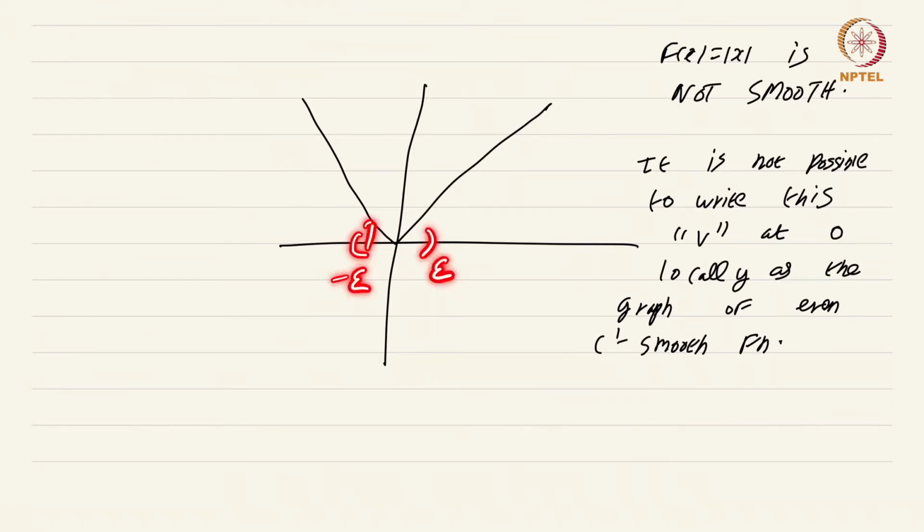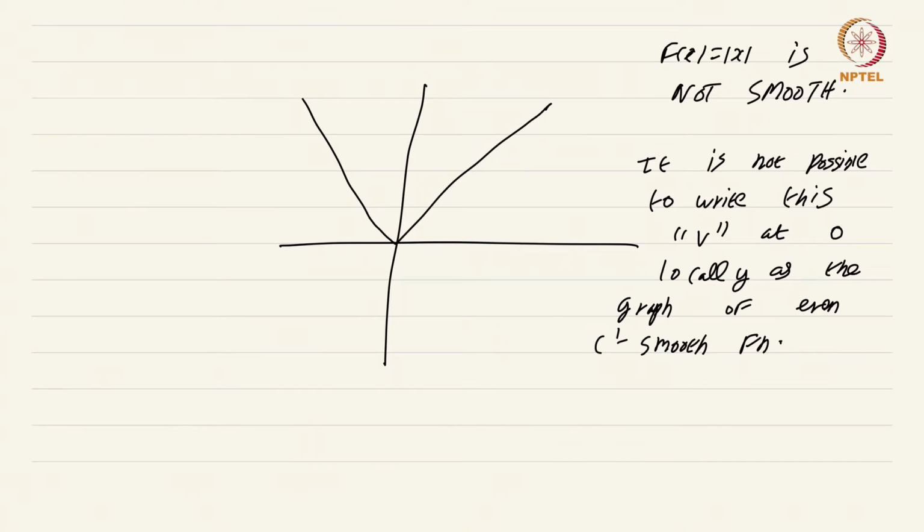If you're going to write this V as a graph of a function, it's going to be the graph of mod x. So I want you to ponder over this simple argument to show that it's not possible to write this near the point 0 as the graph of a C1 smooth function. The function, if at all there is such a function, is forced to be mod x itself. So this is impossible.